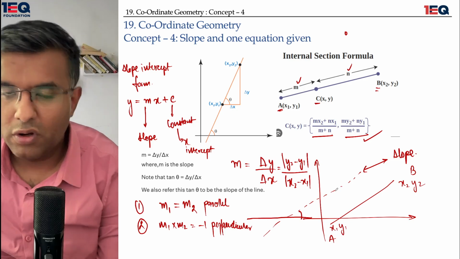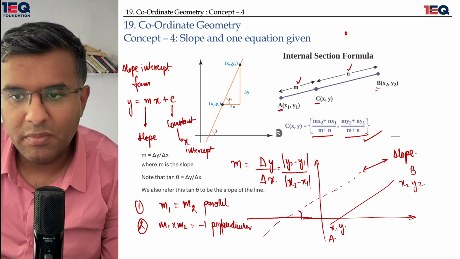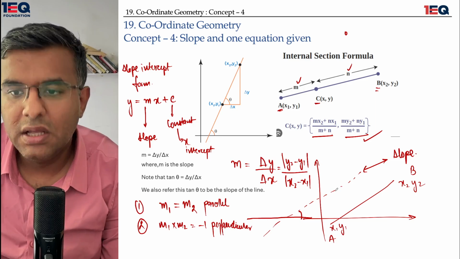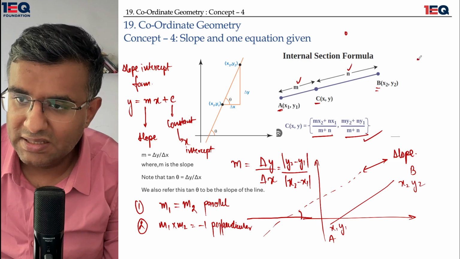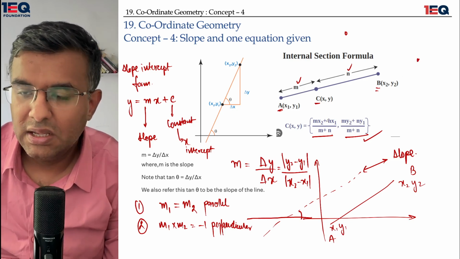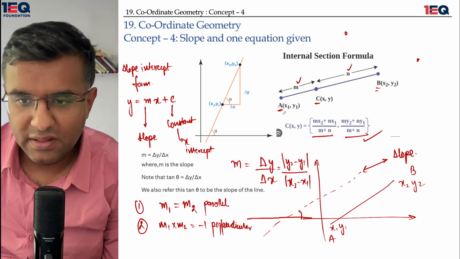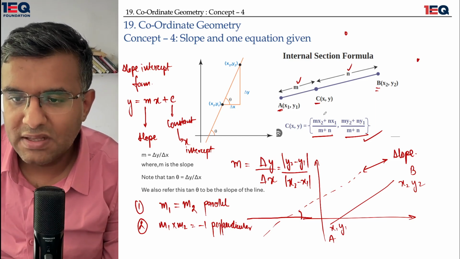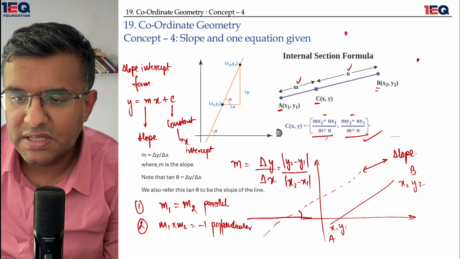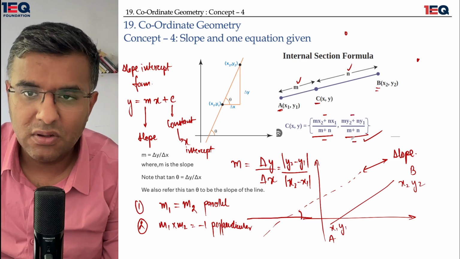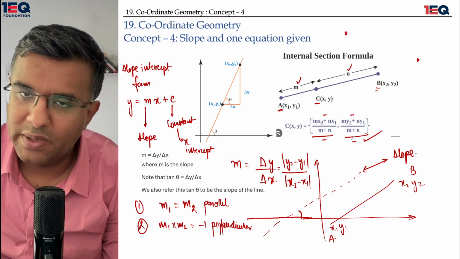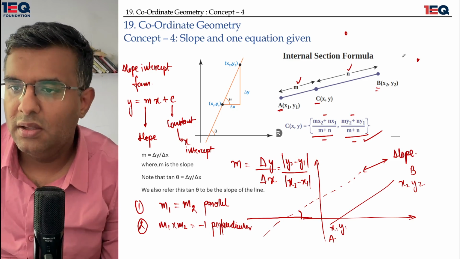Okay, I've taught you almost everything about the slope intercept form as well as the internal section formula. And there is a concept of external section formula as well, where the point is outside. In that situation, all the signs of plus would convert themselves into minus. That is the only legit point.